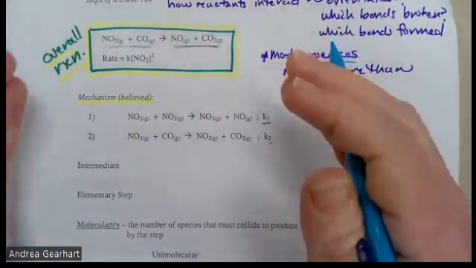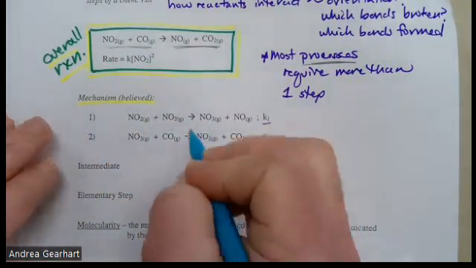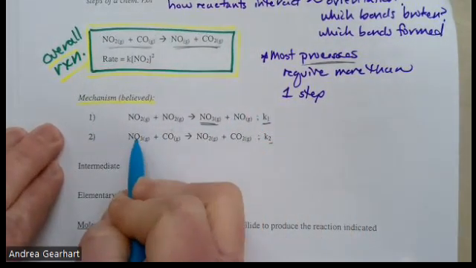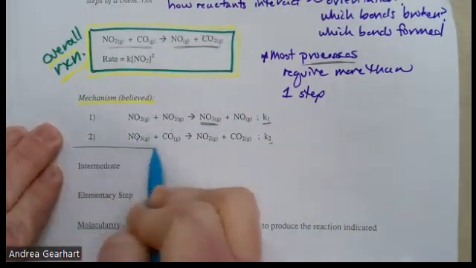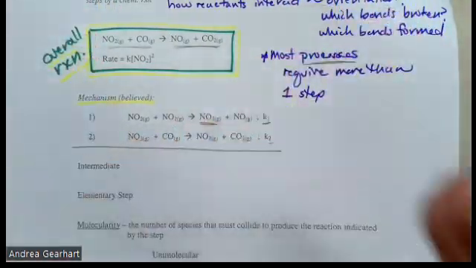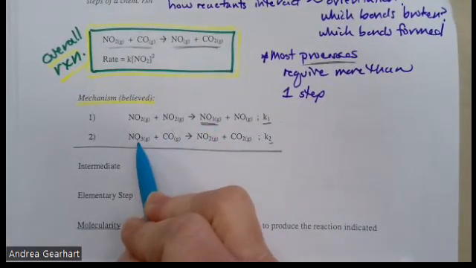If we take a look at the first elementary step, we are making NO3 that then is being reacted. Overall, we're making this and then reacting it away.